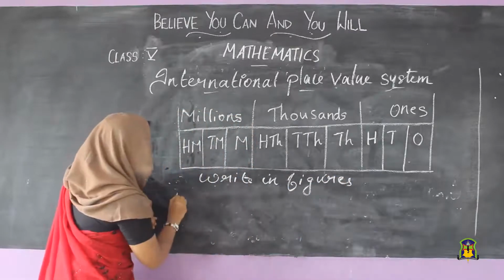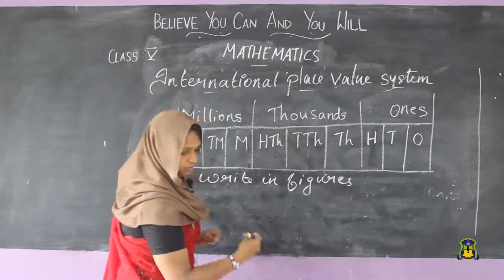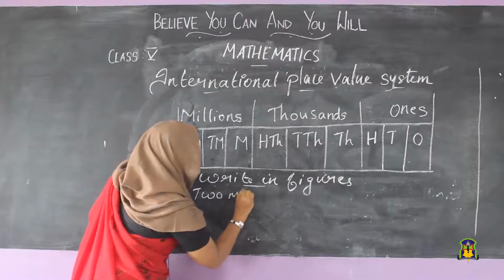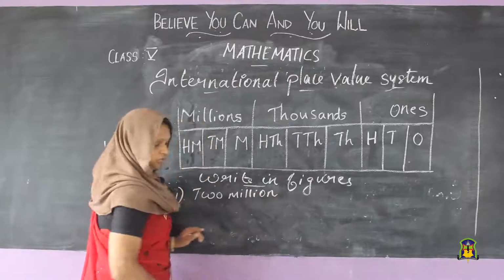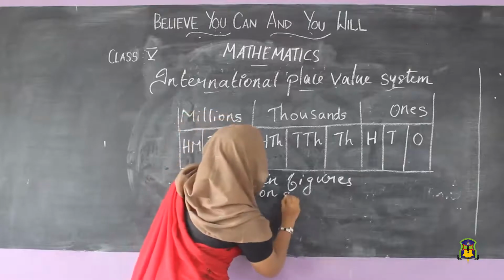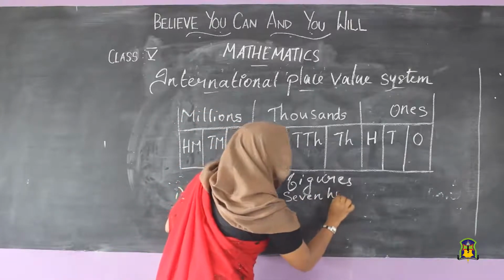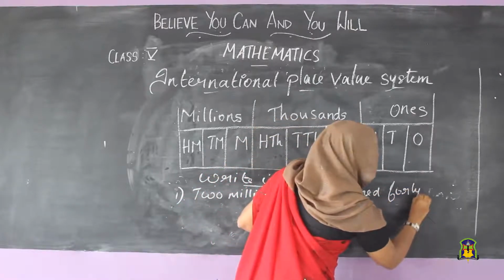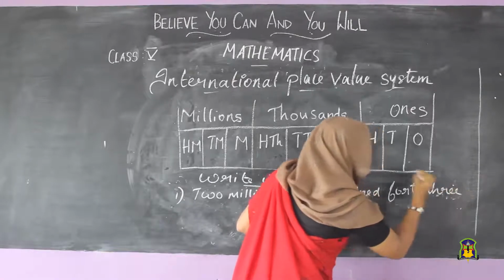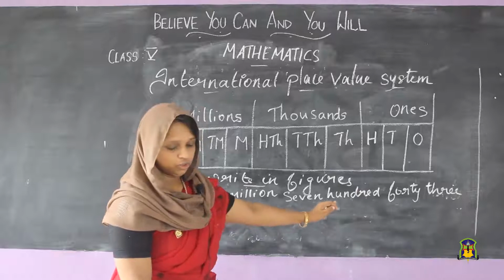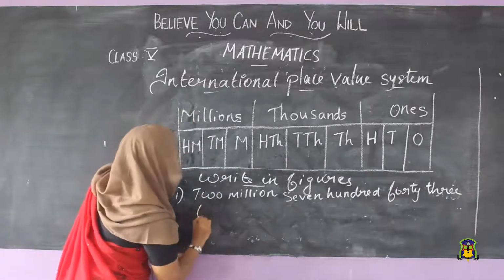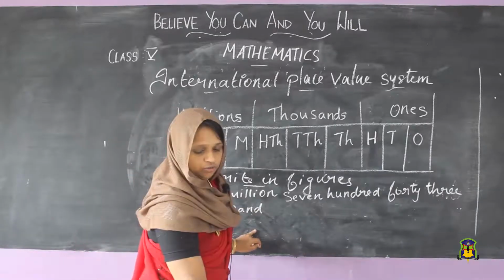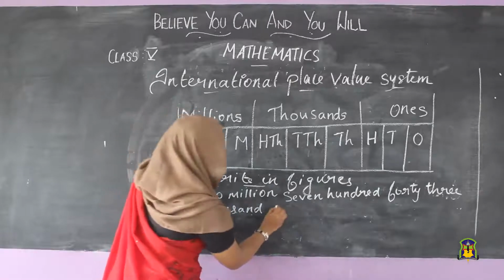In that first question: two million 743 149.